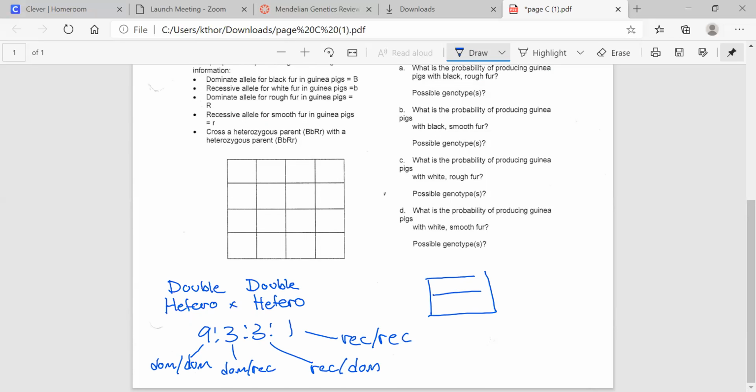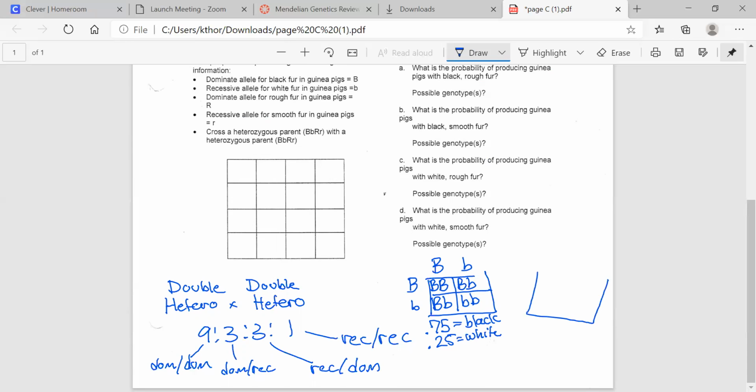Okay? So do the fur color. That would be 0.75 is going to be black. 0.25 is going to be white.